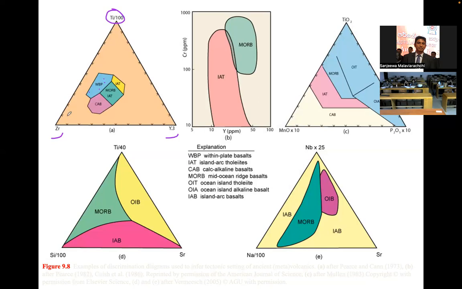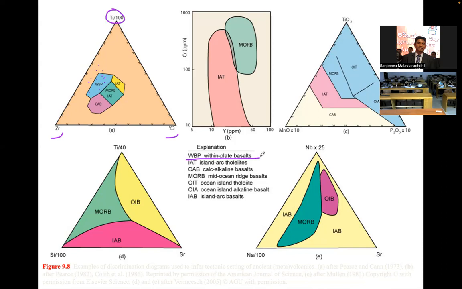These are reference diagrams. So if your rock plots majorly in this region, of course, there can be some deviations due to analytical issues, right? And also some due to other processes. But the majority of your rocks are plotting in this blue field. So this WPB means your rock is a within plate basalt.